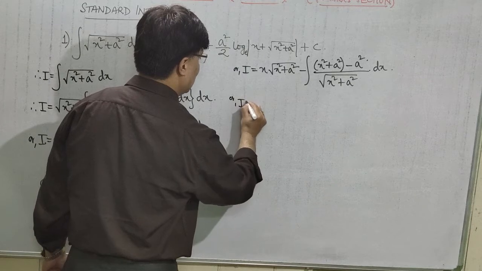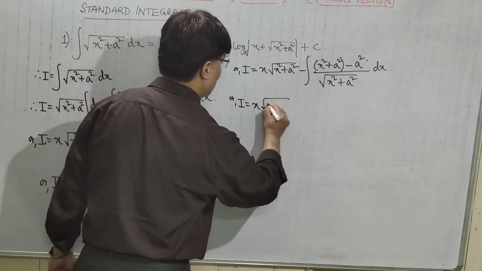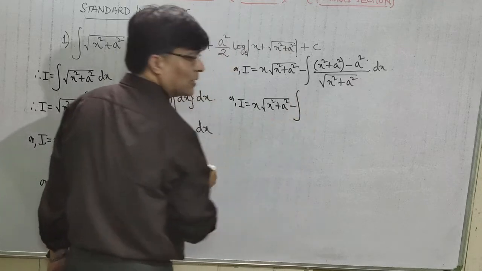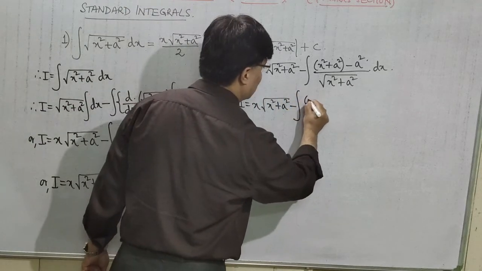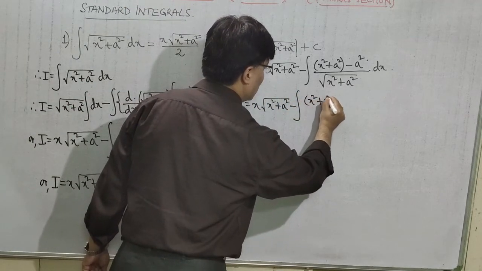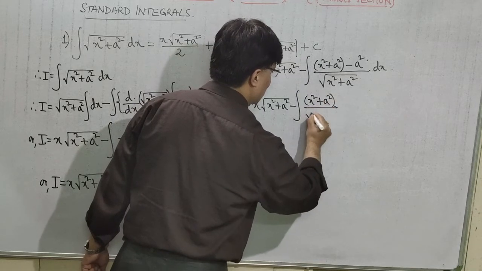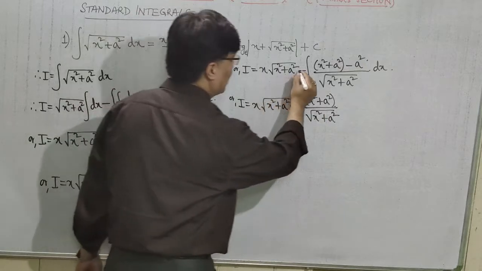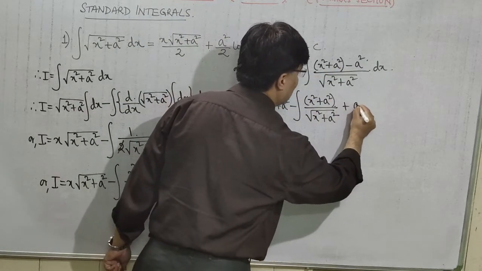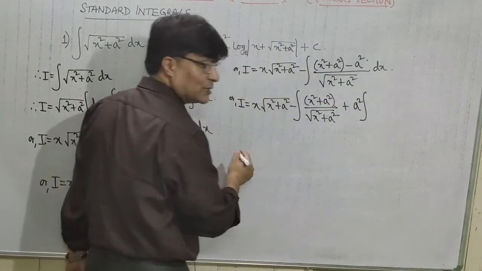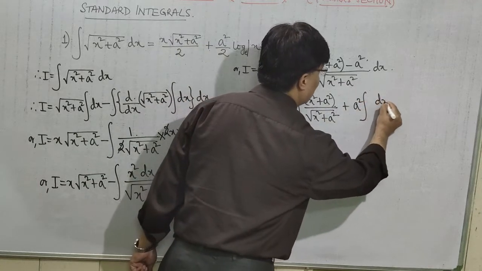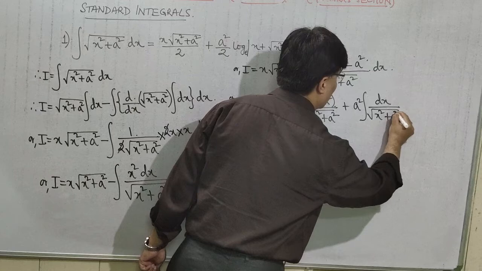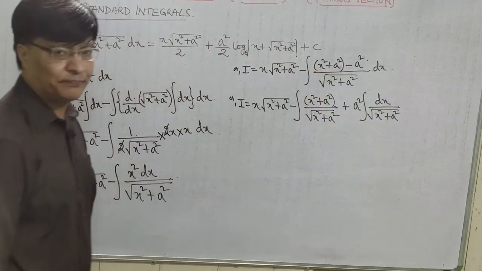Or I is equal to x root over x square plus a square minus integration of x square plus a square divided by root over x square plus a square. And minus into minus is plus, a square is a constant, taken outside, integral sign dx divided by root over x square plus a square.